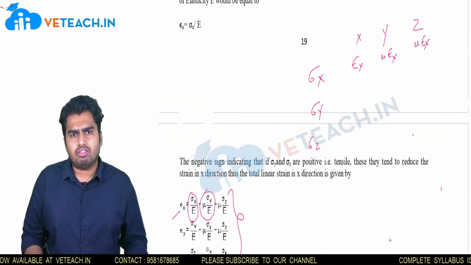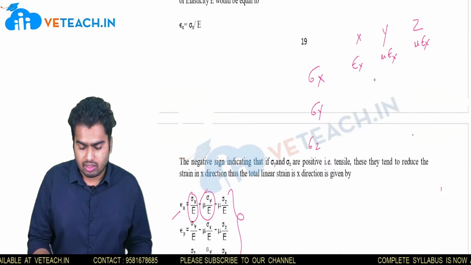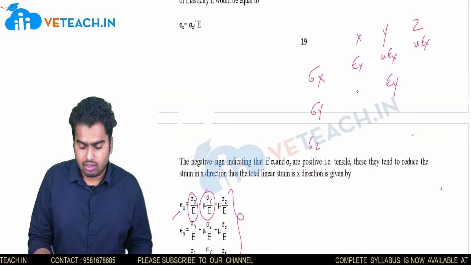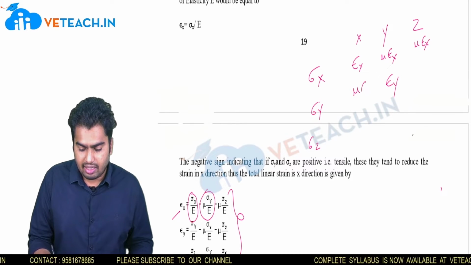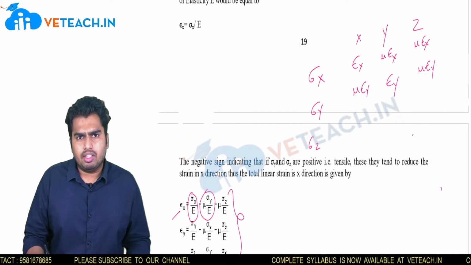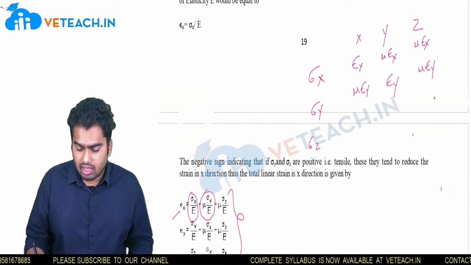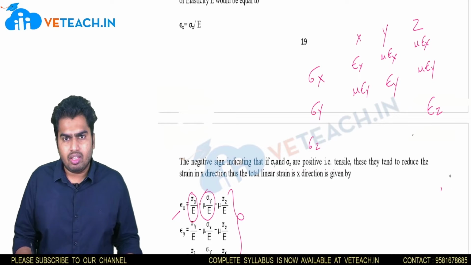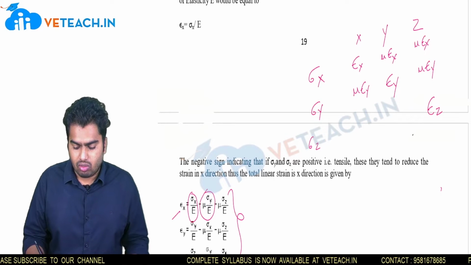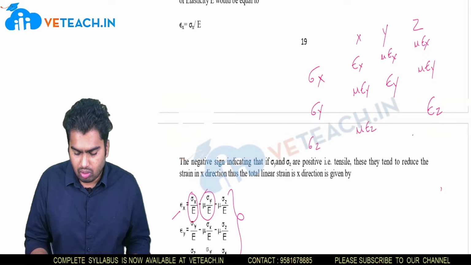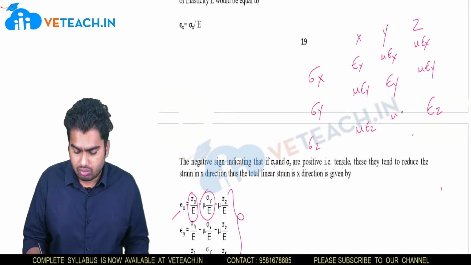Because of applying stress in y direction, I get longitudinal strain in y direction and lateral strain in the others. Similarly, because of applying stress in z direction, I get a normal strain in z direction, and strain in x and y directions as mu epsilon z and mu epsilon z.